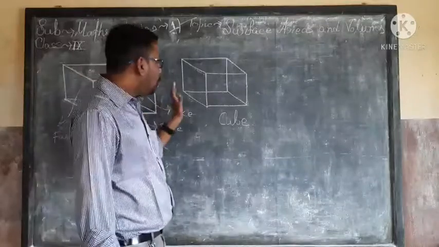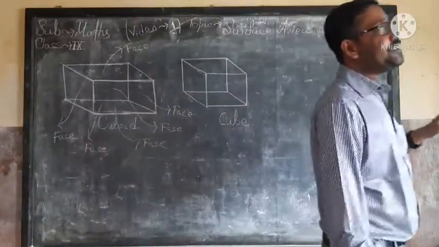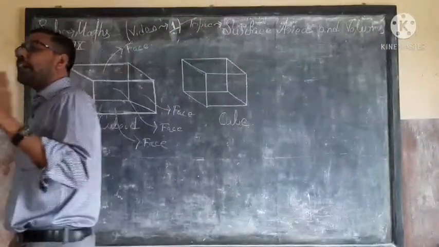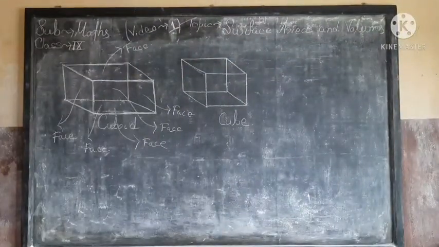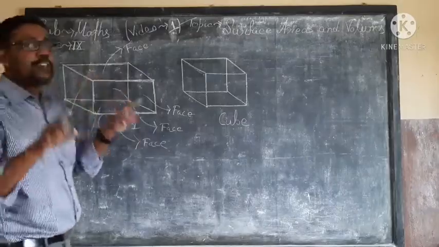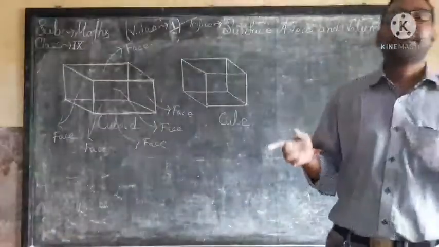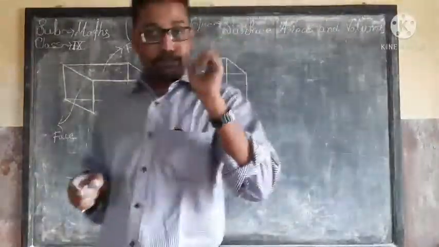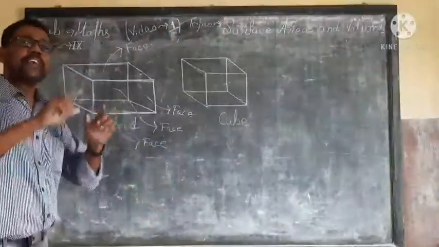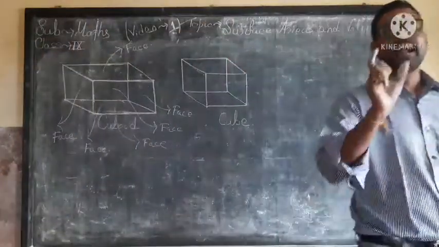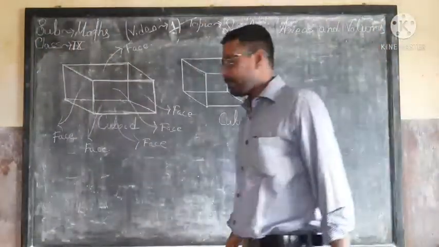So the cuboid and the cube both contain 6 faces, but for the cuboid the shape of each face is a rectangle, and for the cube each face is a square. That is the basic difference.